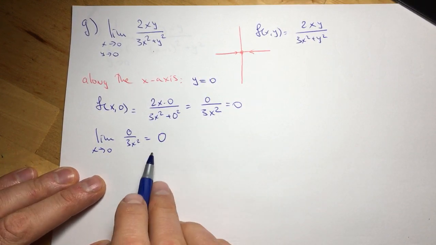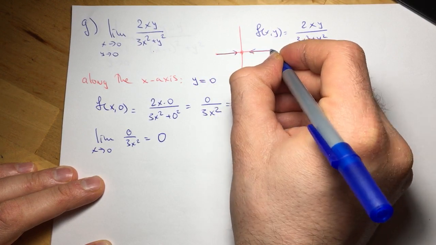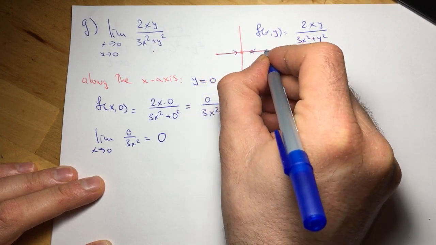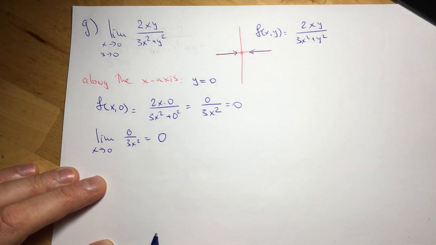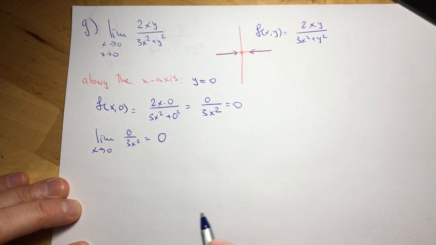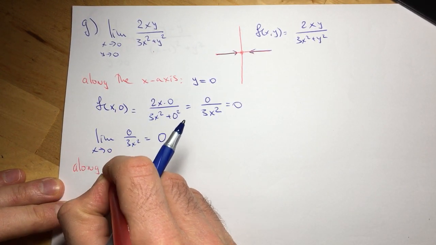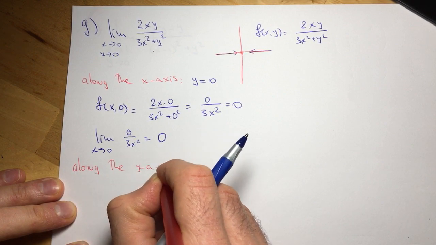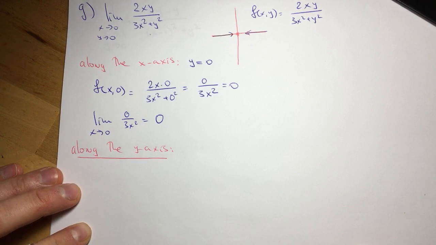So I get that as I'm approaching along the x-axis, for all the values on this line, this limit is 0. Does this tell us anything about this limit? Well, no, not necessarily. What if we approach along the y-axis?